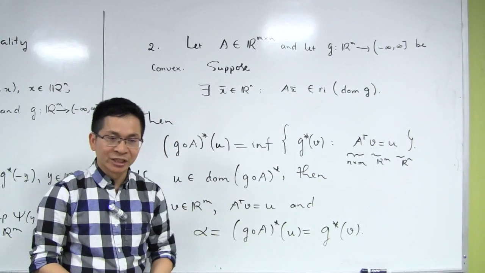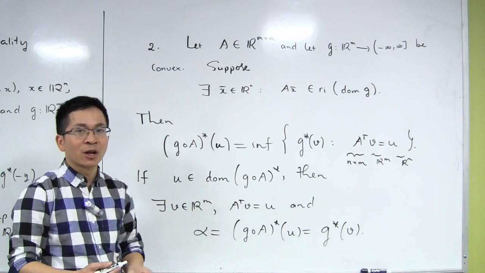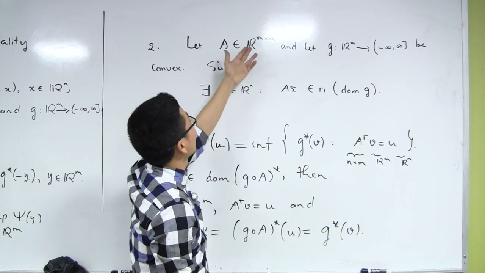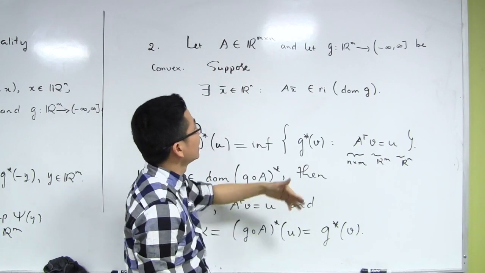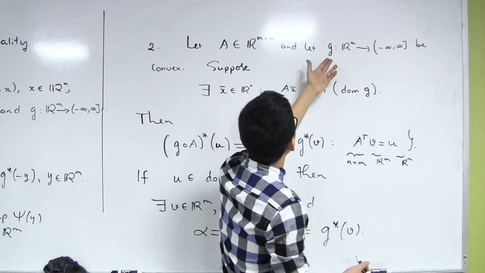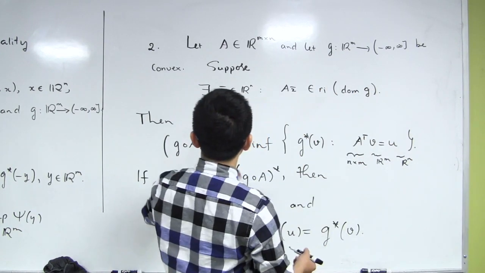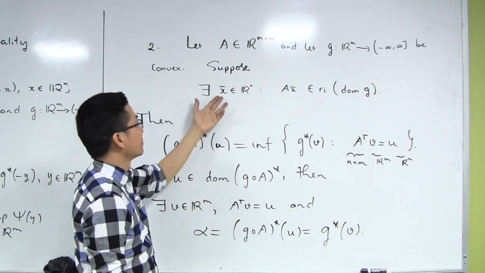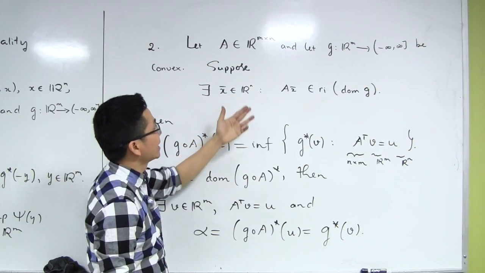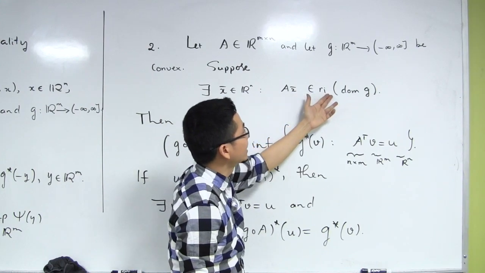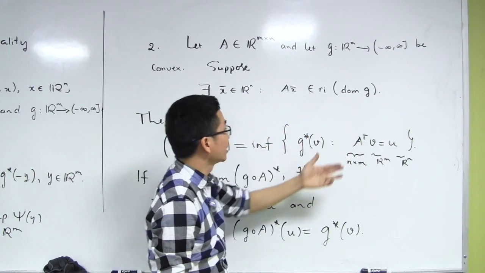The second important result is the Fenchel conjugate chain rule. Here we consider an m by n matrix A and a convex function g from Rm to the extended real line under the condition that there exists some x bar in Rn such that A times x bar belongs to the relative interior of the domain of the function g.